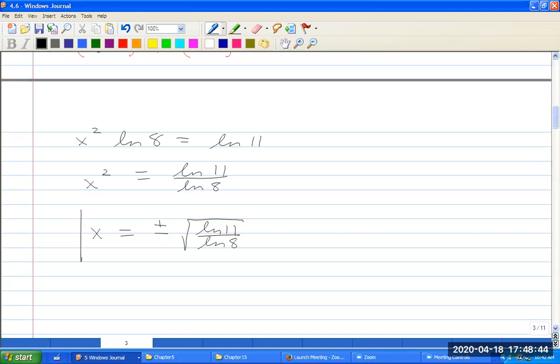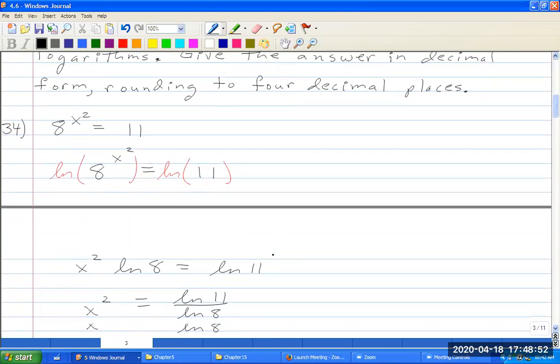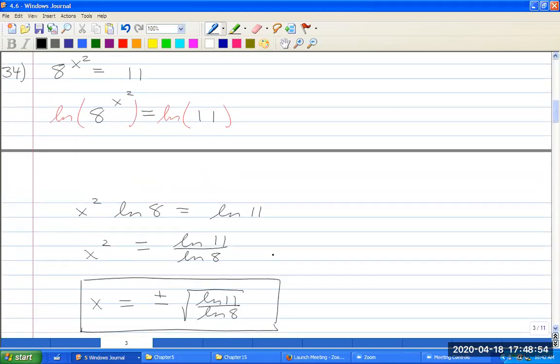And that is your answer. Now, you should check to see if this would work, but you're squaring, so as long as you did the algebra correctly, it should work.